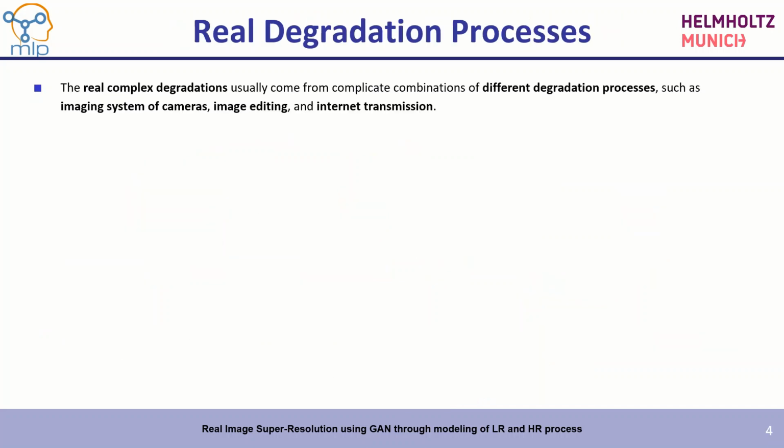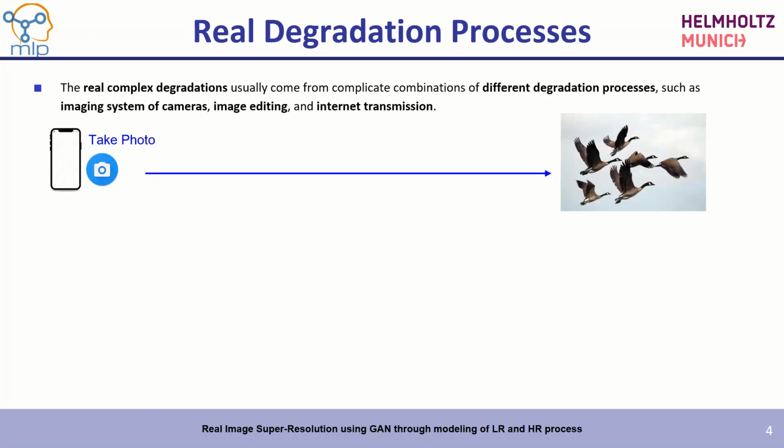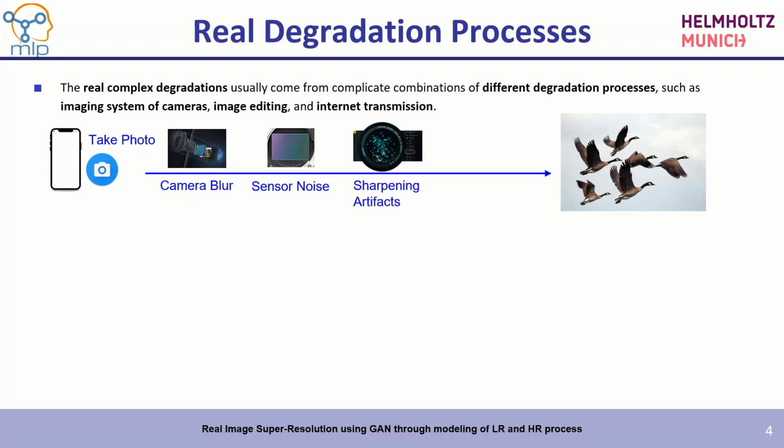The real complex degradation usually comes from a complicated combination of different degradation processes, such as the imaging system of the camera, image editing and internet transmission. For example, when we take a photo with a smartphone camera, it goes through multiple degradations of the camera system like camera blur, sensor noise, sharpening artifacts and JPEG compression.